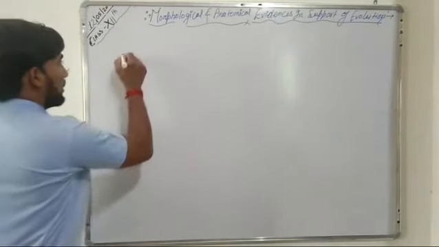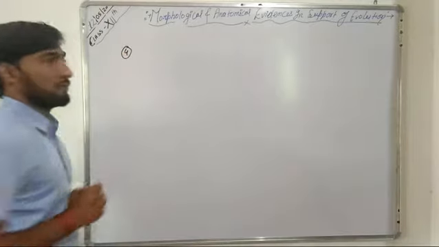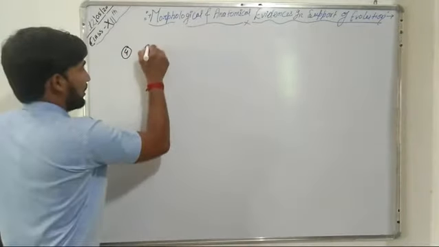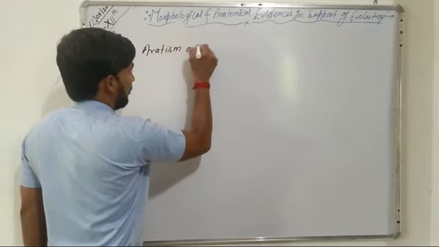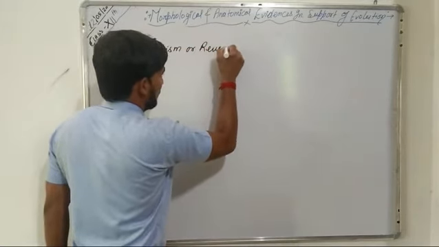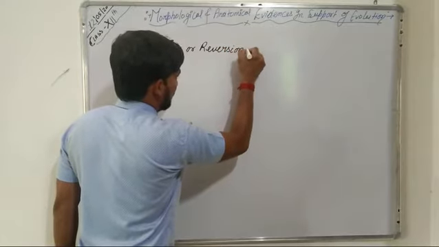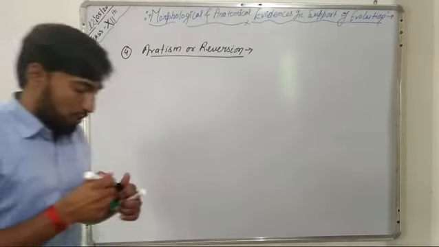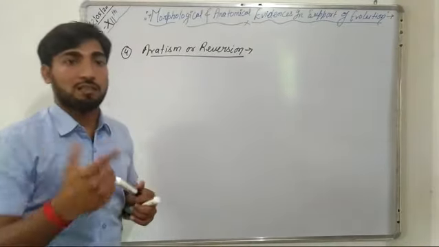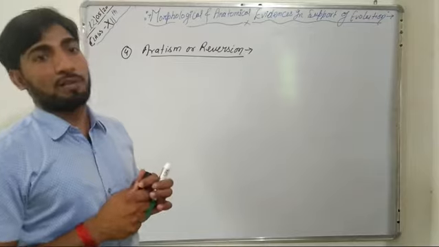Now the fourth type of evidence is known as atavism, or reversion. Atavism or reversion. So atavism is the process of occurrence of ancestral characters in the present organism.